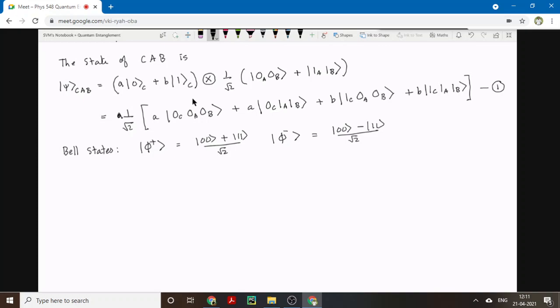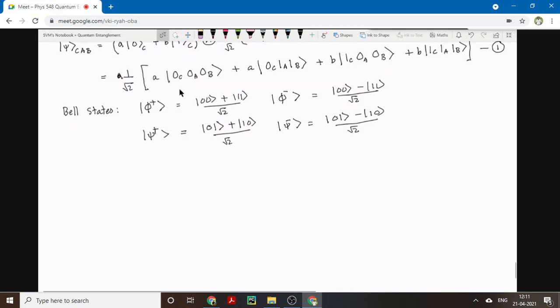Each of these states is maximally entangled. That means if you calculate the von Neumann entropy, that will be equal to 1. Psi plus is 01 plus 10 by root 2, and psi minus is equal to 01 minus 10 by root 2.